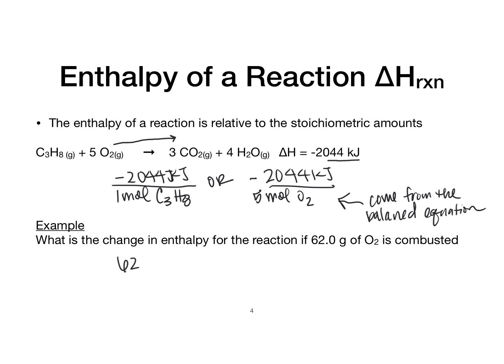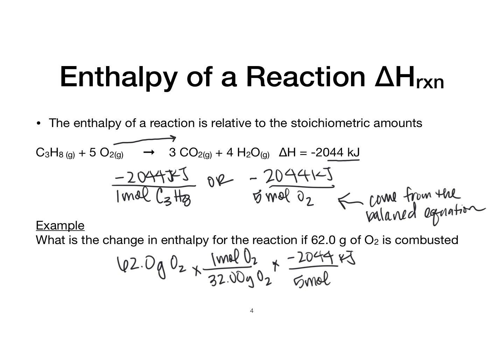So we're going to take our 62.0 grams of O2 and convert that to moles using the molecular weight of 32.00 grams of O2 per 1 mole of O2. Then we're going to multiply that by the negative 2,044 kilojoules for 5 moles of oxygen.